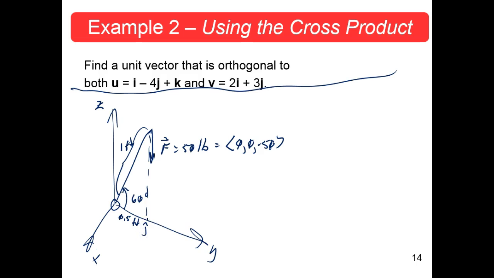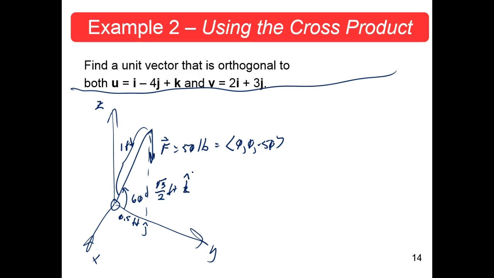That would make this component here, not that we're really interested in it that much, well, we are kind of, square root of 3 times 0.5, so square root of 3 over 2 feet in the z direction. Let's call that k.